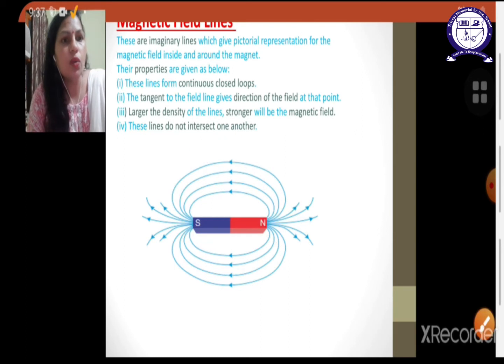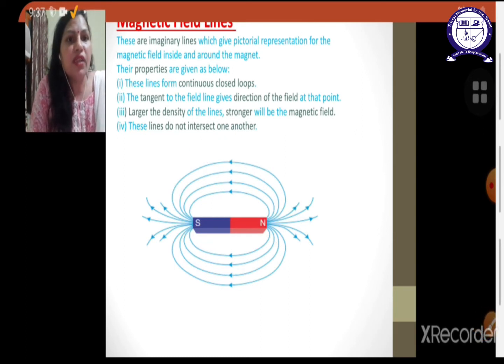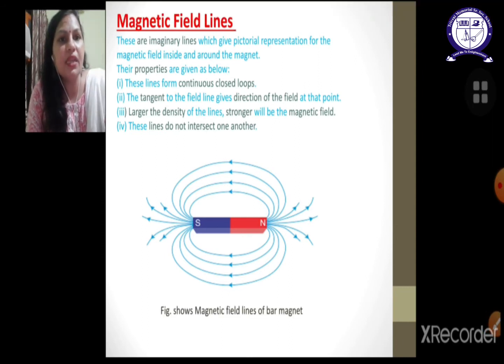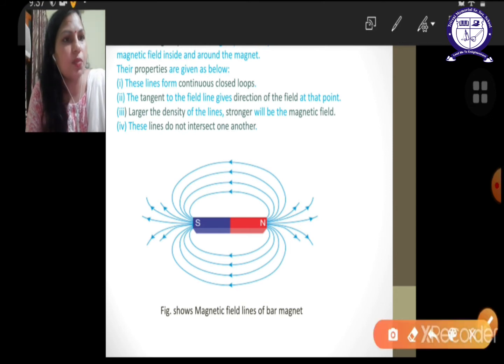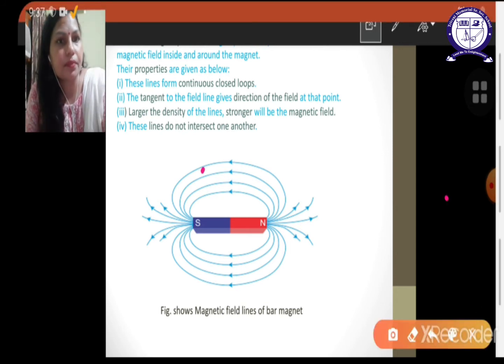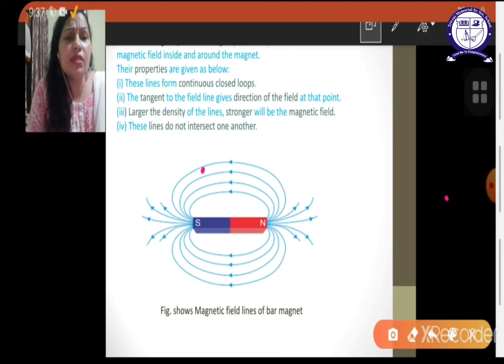Now in the very next case I am going to discuss the tangent to the field line gives the direction of the magnetic field. This is done by just plotting the tangent to that particular line. Here I am assuming a point on this particular line.